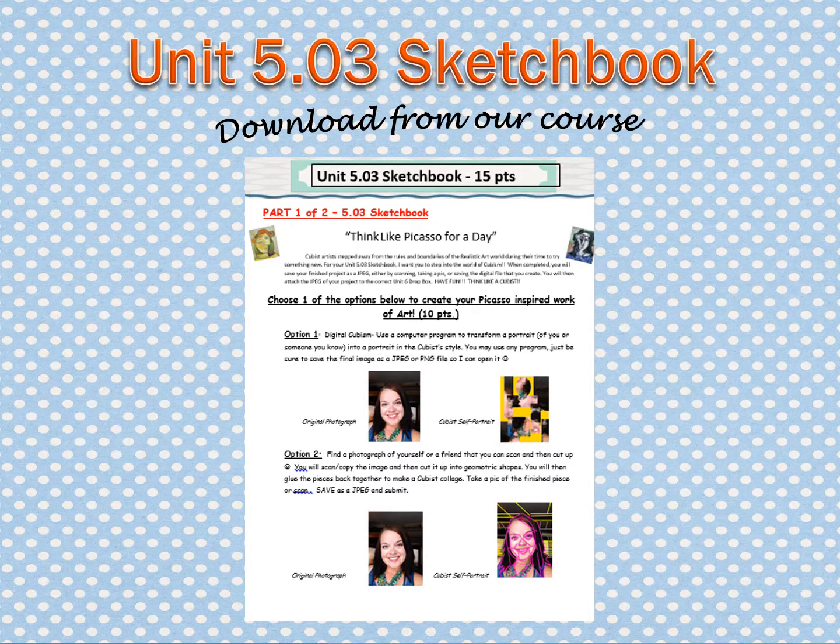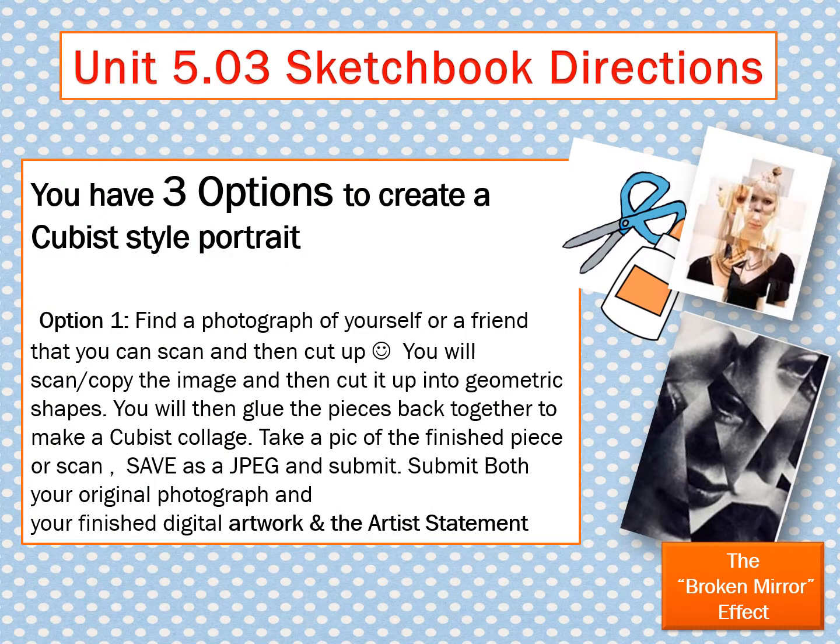You can download the 5.03 sketchbook direction sheet from Unit 5 in our course. For this assignment, you have three options to choose from. Option 1 is to find a photograph of yourself or a friend, or even maybe a superhero or role model that you have, so that you can scan and then cut that image up.